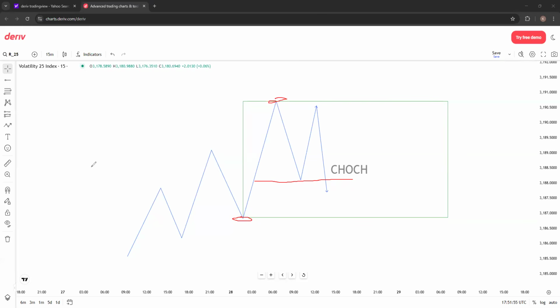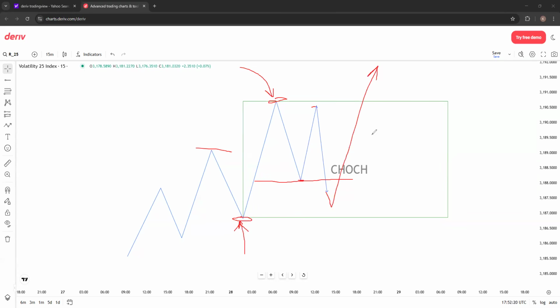So from this protected low, we know that price is not supposed to break this low because it's protected while it broke a high. This low is to get broken at some point because it failed to break a high. But remember, we still have a valid high and a valid low here, right? Meaning that price can choose to move up.